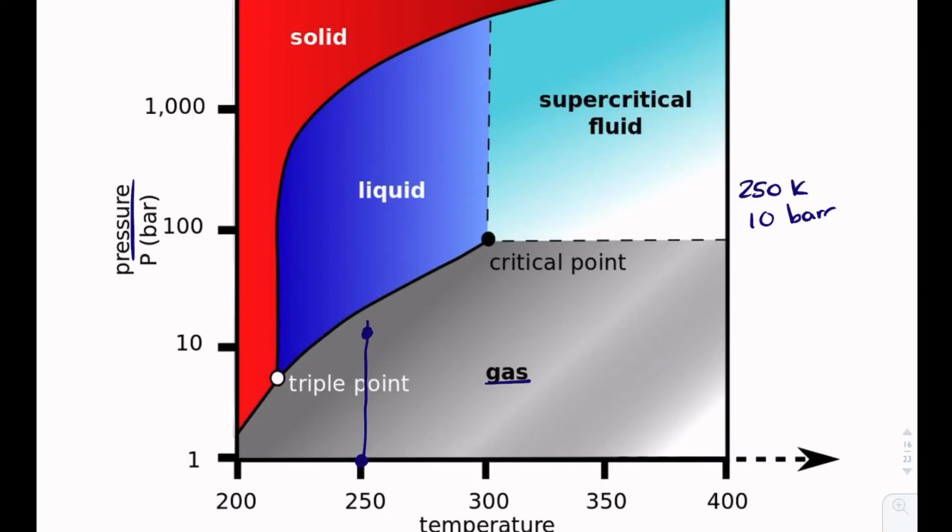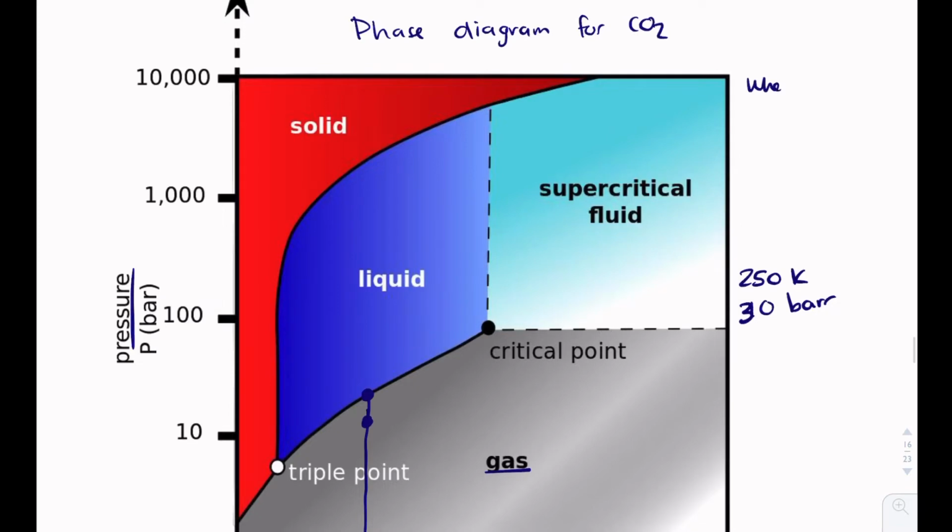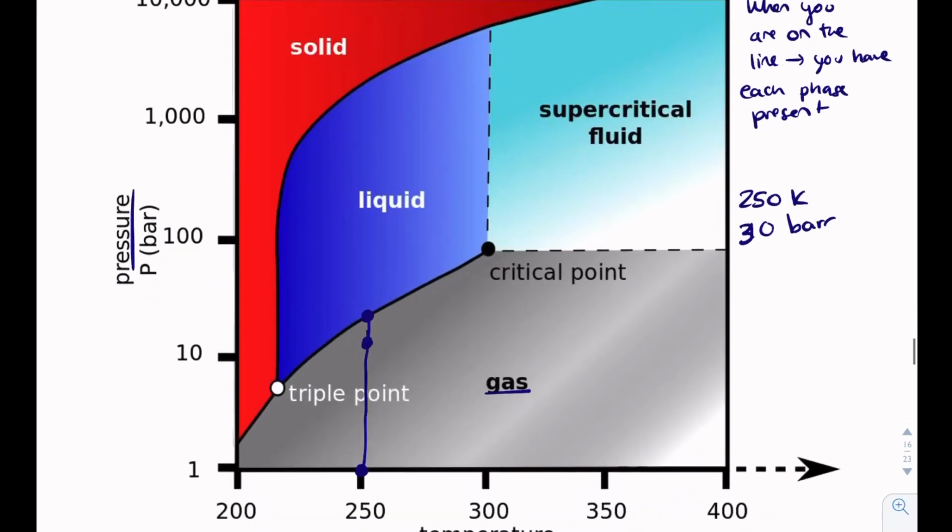But let's say we increased it to 30 bar. Now we're on the line, and when you're on the line, you have each phase present. So for example, here we would have both liquid and gas. They coexist.